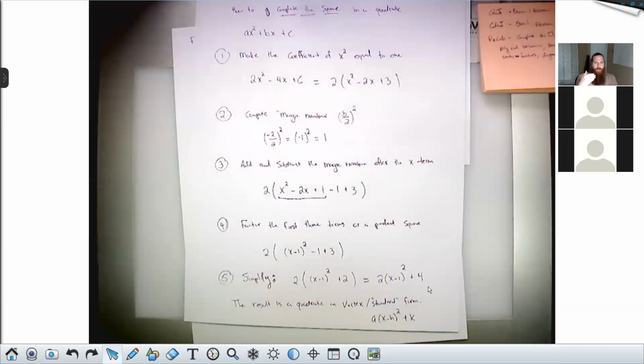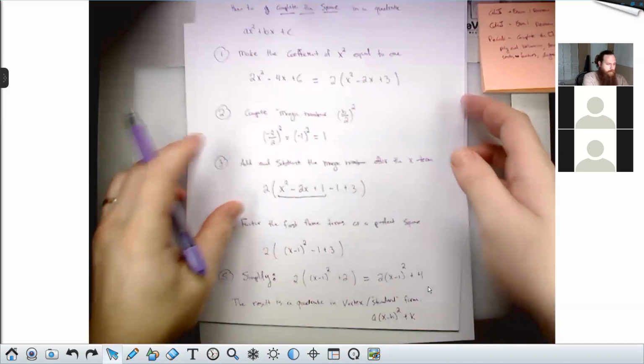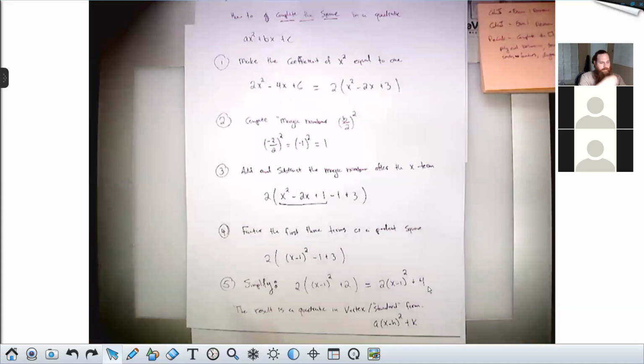So now that we've done an example of this, kind of long, I'm going to do another example fast, and then I'm going to prove the quadratic formula for you. First though, any questions on any of these steps?